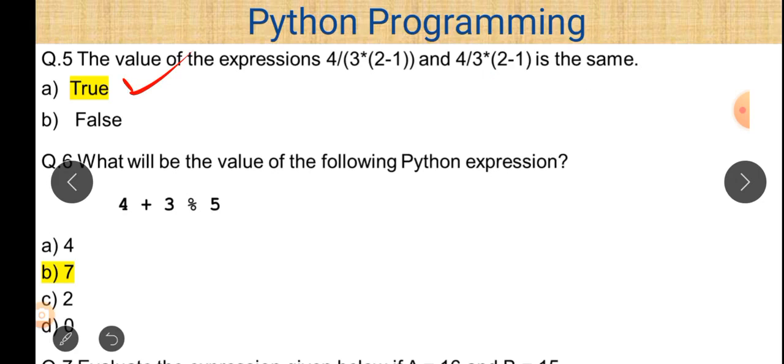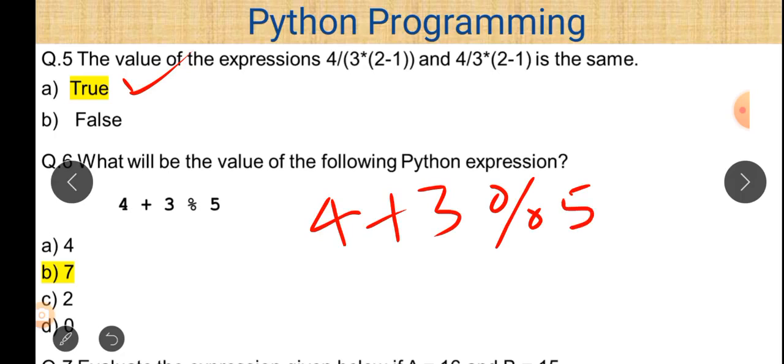Next is 4 plus 3 modulo 5. I think this is a very simple question. Modulo division basically returns the remainder. Two operators are given in this question, plus and the remainder operator, modulo division. Clearly, modulo division should be evaluated first.